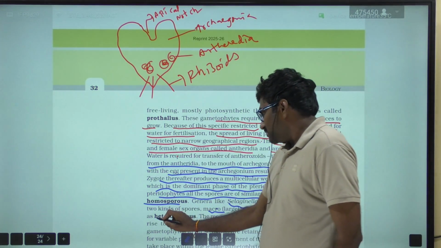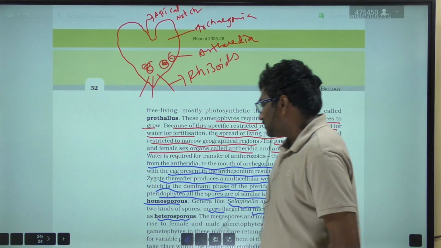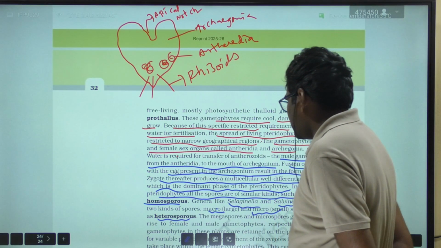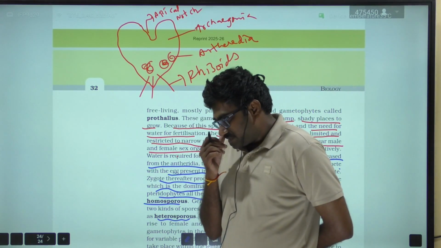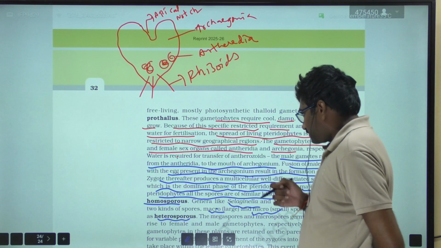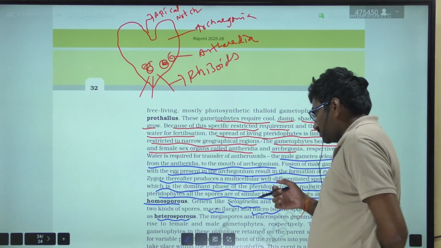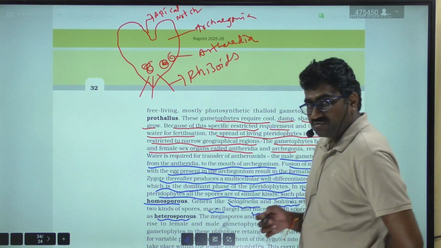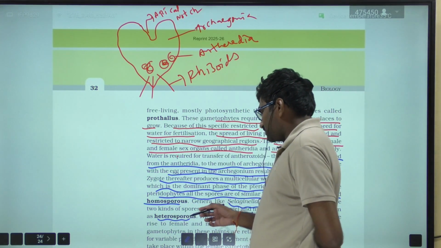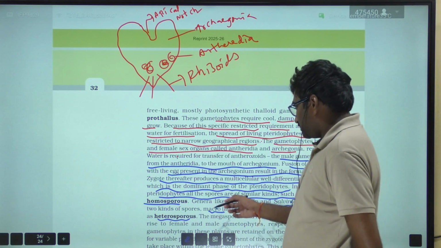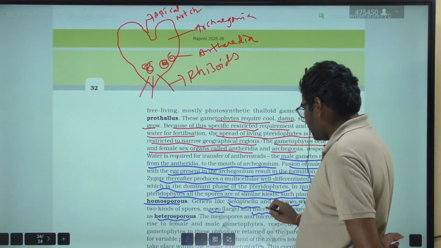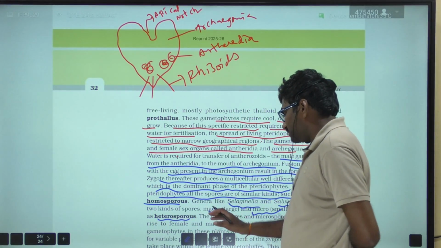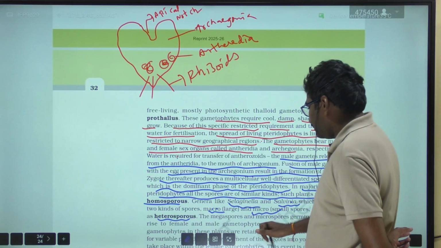Most of the pteridophytes are homosporous in nature; some are heterosporous, for example Selaginella and Salvinia.